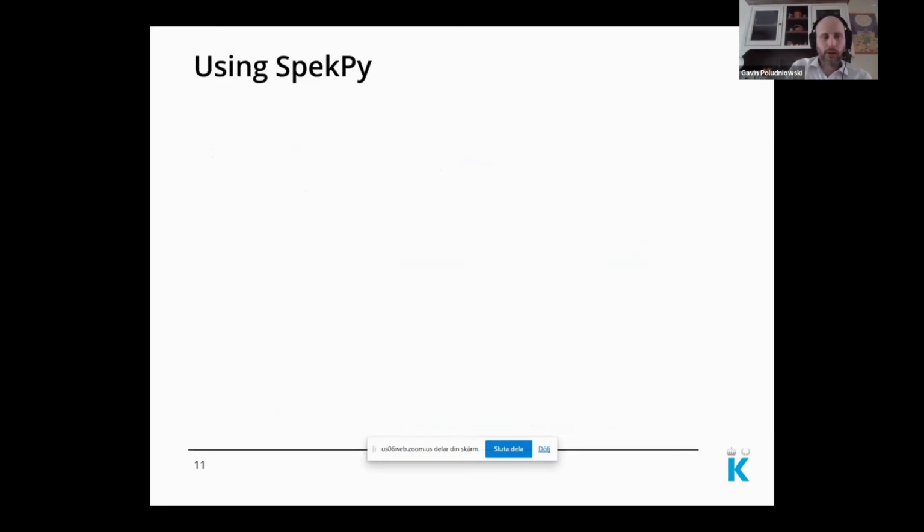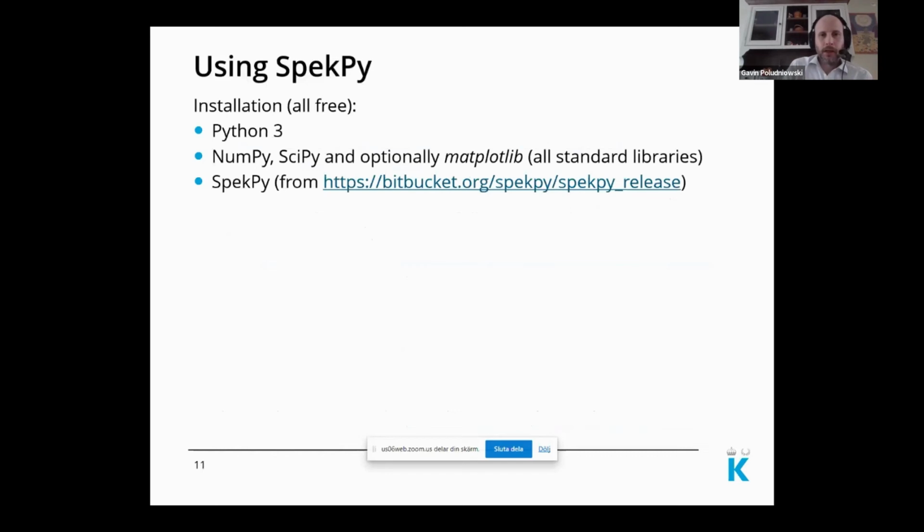So a little bit more on what you have to do. You need to install Python, and the current supported version is Python 3. And you need a few standard libraries, NumPy and SciPy. Those are often even installed along with your Python installation.